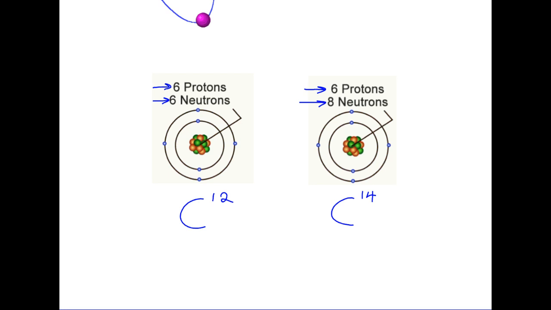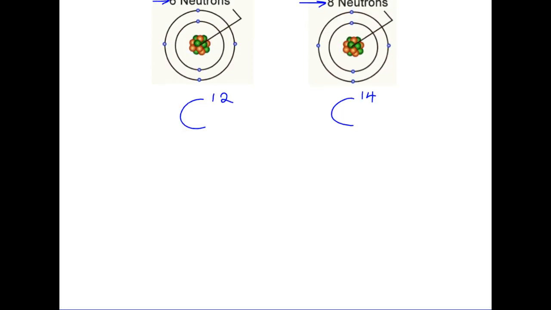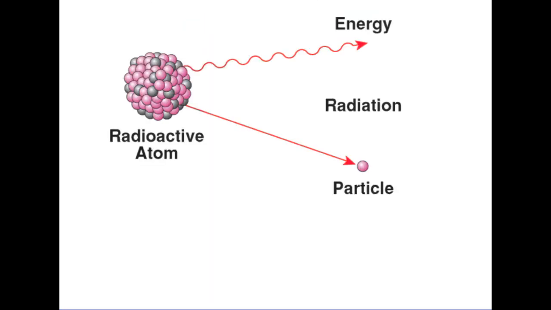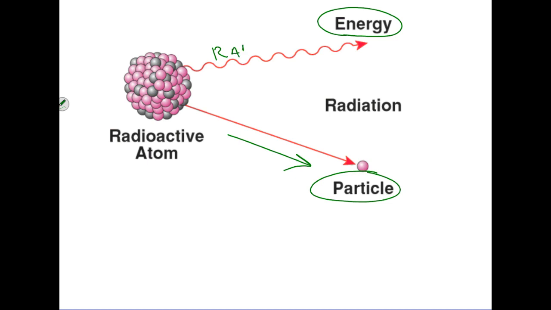But every once in a while, we get this carbon 14, and we say that this carbon 14 is radioactive. The reason we say it's radioactive is that the nucleus of carbon doesn't want to have 14 in the nucleus. It wants to get rid of some. So occasionally one of the particles will eject out of the nucleus, and when that happens, energy is given off. This is radiation.